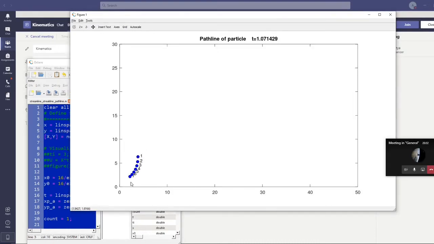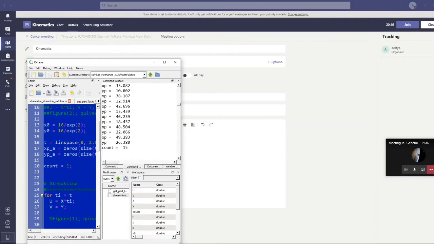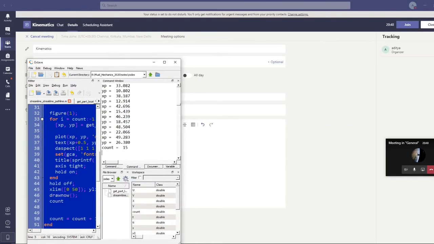So look, this is the point of injection, and the particle numbers 1, 2, 3, 4, 5, and so on are the various particles that have come into the domain. Let me make a pause command somewhere in the loop so it would be clear.